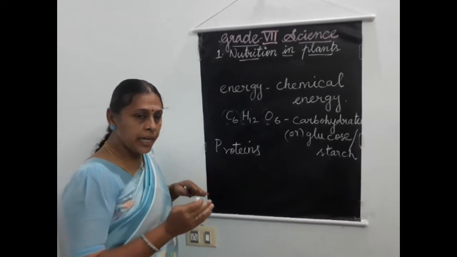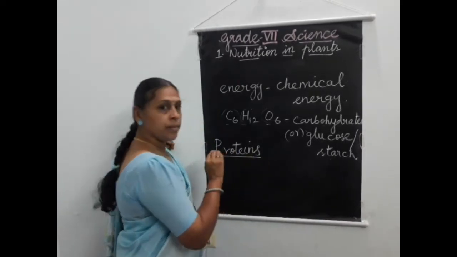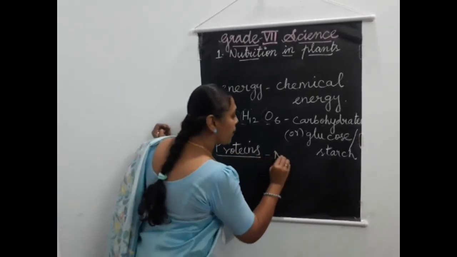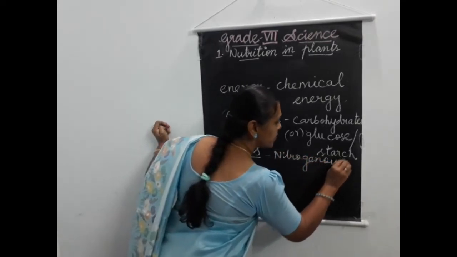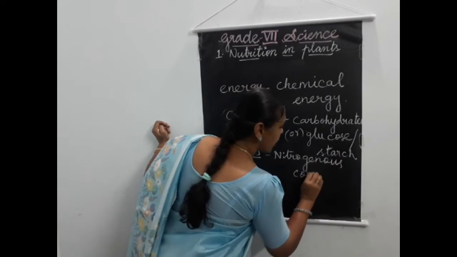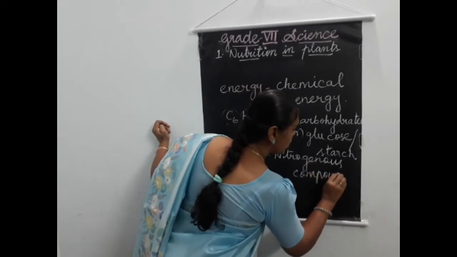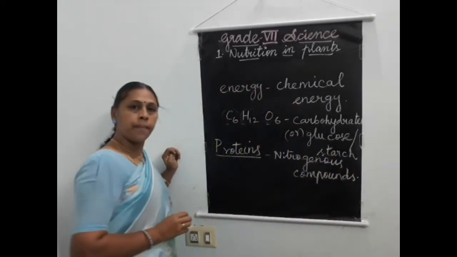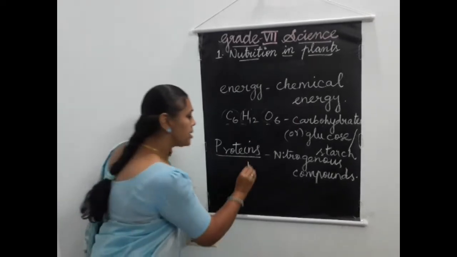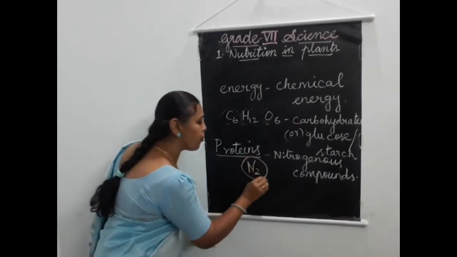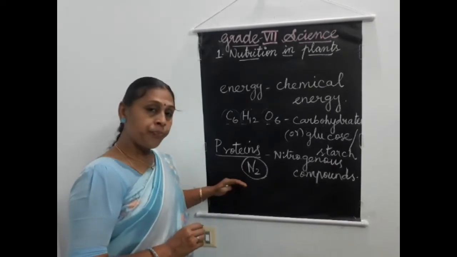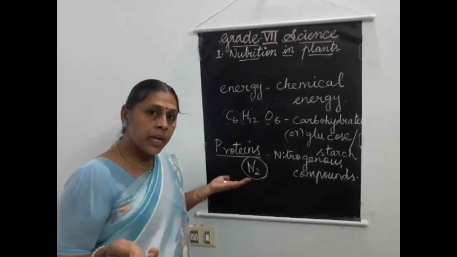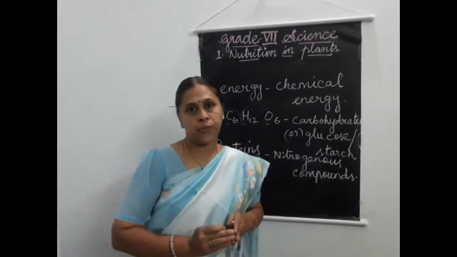And generally these proteins are made up of nitrogenous compounds. That is, they are mostly made up of nitrogen. But where is this nitrogen present? Again in the atmosphere.